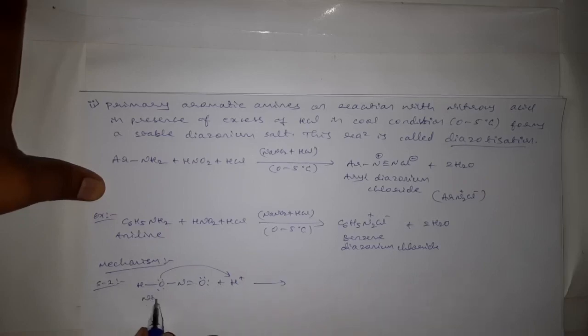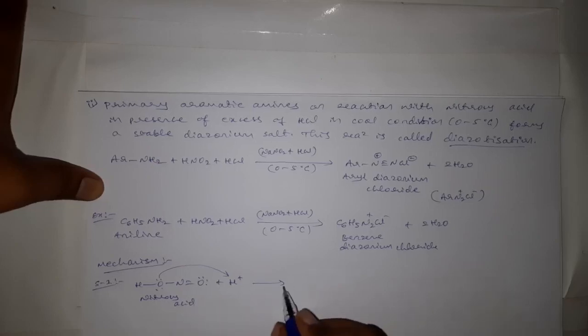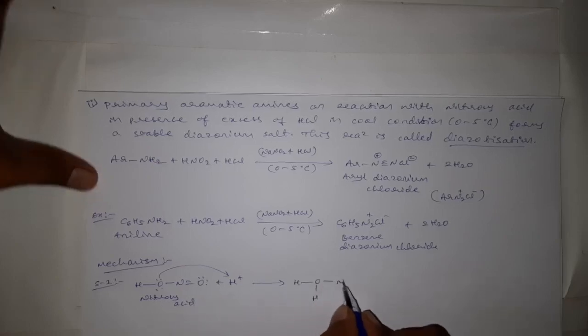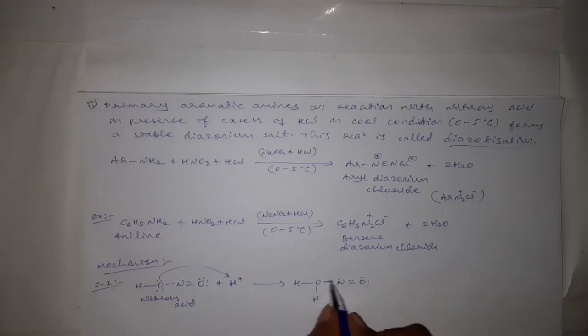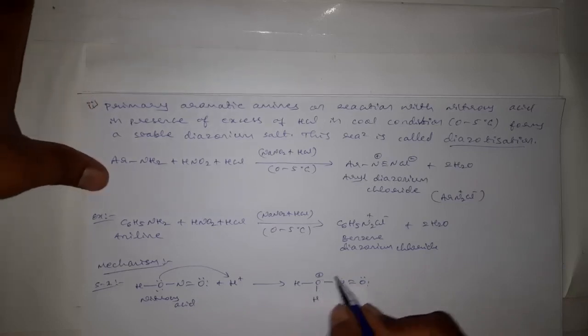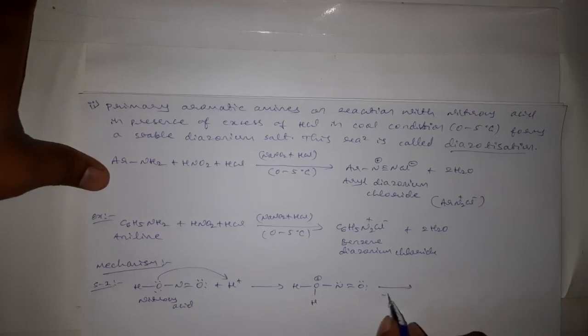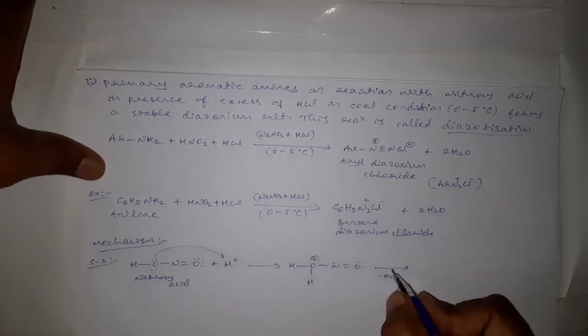This is nitrous acid, and here it will form H O H N double bond O, correct? And this nitrogen, which is having 3 bonds, becomes unstable and gets a positive charge, and in the next step loss of water molecule takes place.